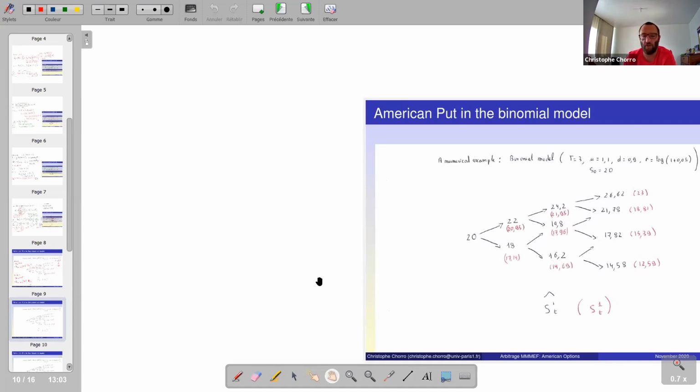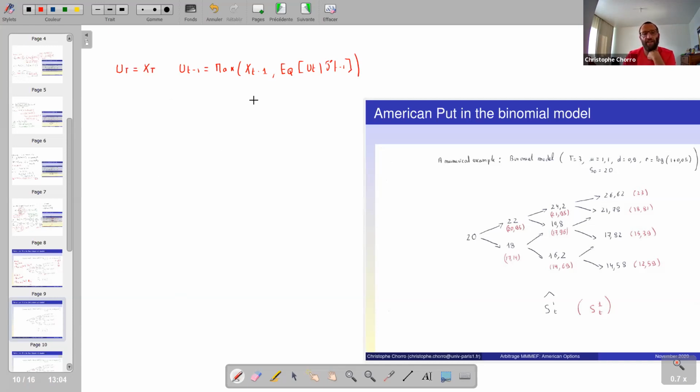Okay, so if I want to price my American option, keep in mind that I have U_T equal to X_T, and I have U_{T-1} equal to the maximum between X_{T-1} and the expectation under Q of U_T given F_{T-1}.